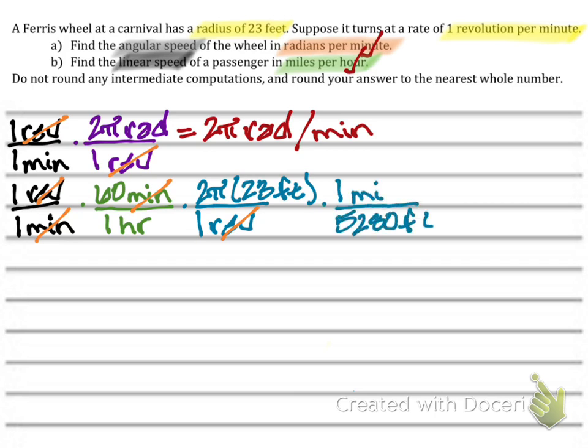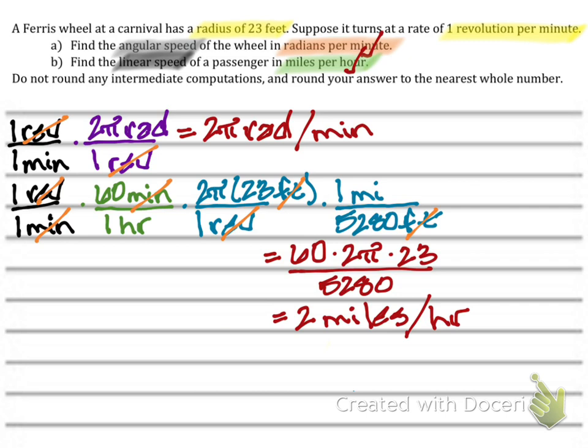And 1 mile has 5280 feet. If you don't know that, you might write it down somewhere, because we'll use that quite a bit with angular and linear speed. So my feet cancel, and I've got my miles. I'm just putting everything together that needs to multiply, and I end up with 2 miles per hour. Okay, which makes sense. It's a Ferris wheel. If it goes much faster than that, people are flying off, right?